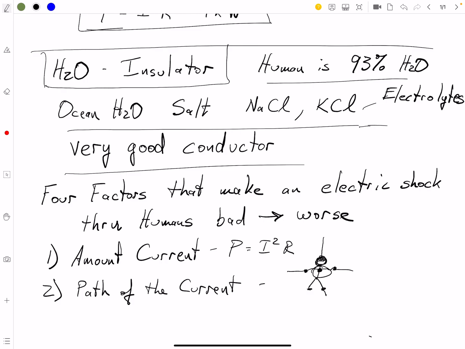Now, if you just had it going from this foot to this foot, so it goes in here and then out here, not terrible, okay? So that's not the worst thing that could happen to you unless it's 10,000 volts, right? You do not want that.